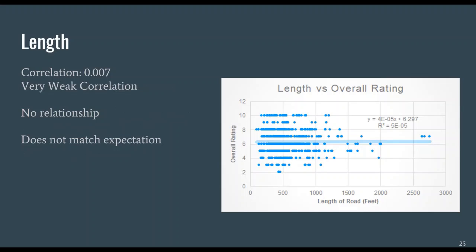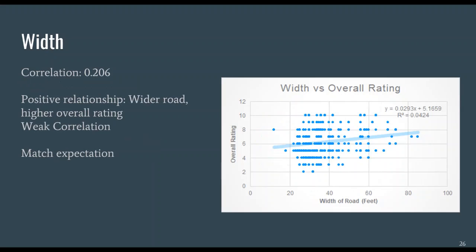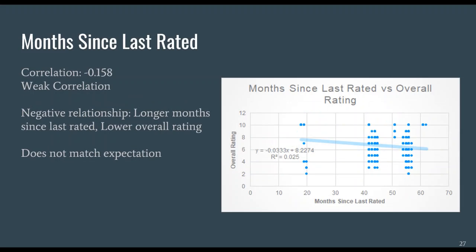The next one is length. It has relatively no correlation, no relationship, so it doesn't match our expectation. And the width has a weak correlation of around 0.206, and it matched our expectation.